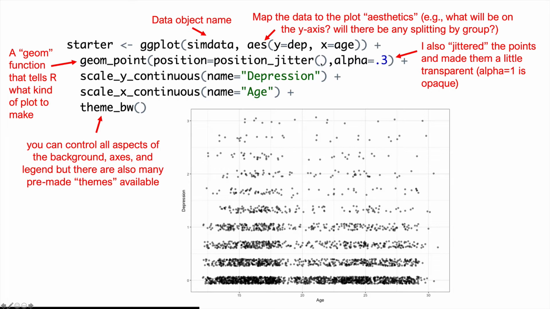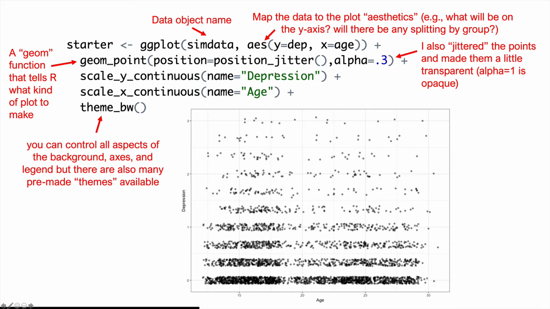So if you have a lot of values that are similar or overlapping, you can see them a little more easily if you allow a bit of random jitter to the data. I've also included the alpha command to request a bit of transparency to the data points. So when there's a lot, it's nice to have them overlaid so that you can see through and get a better sense of how dense your data is.